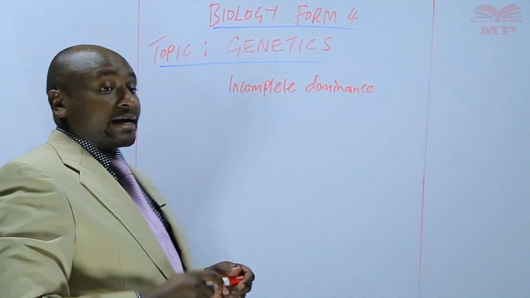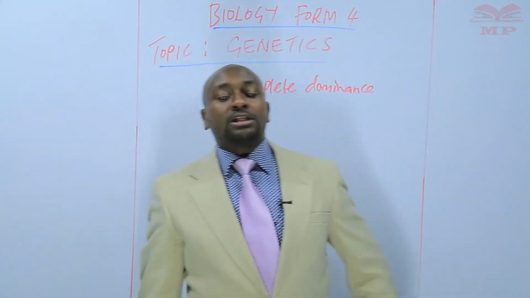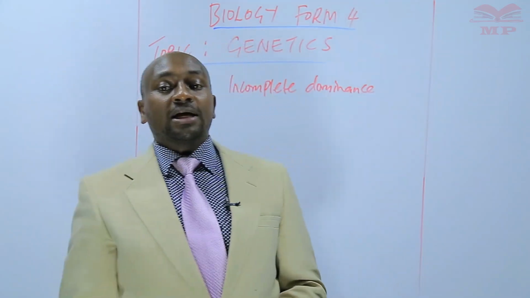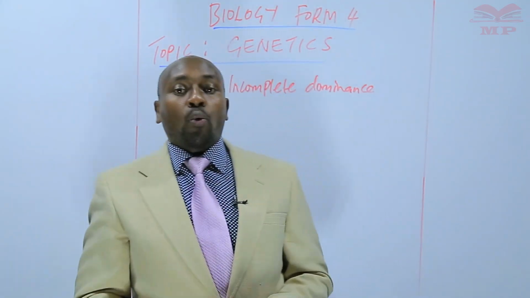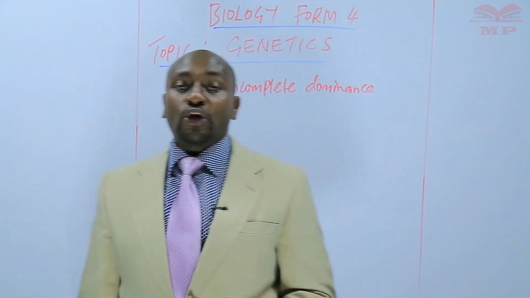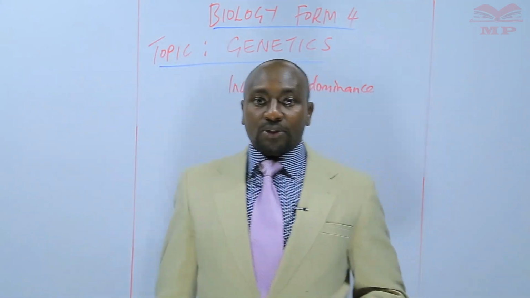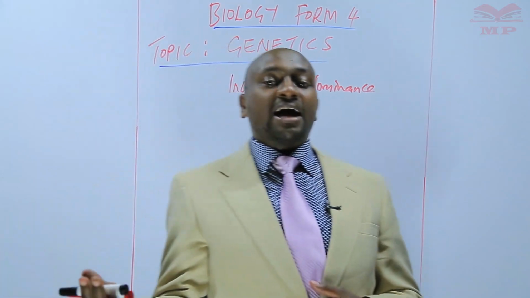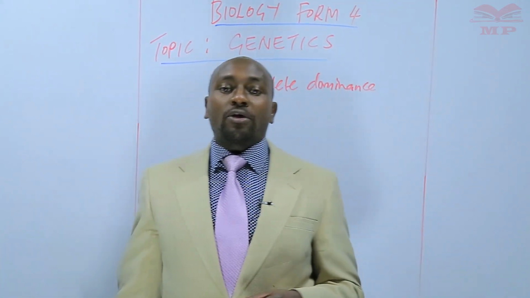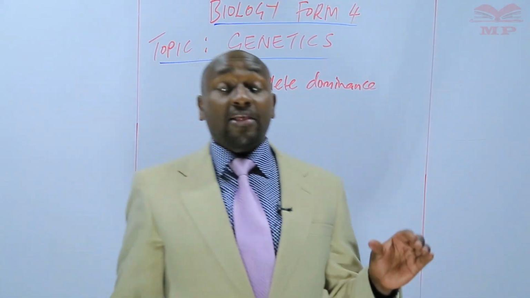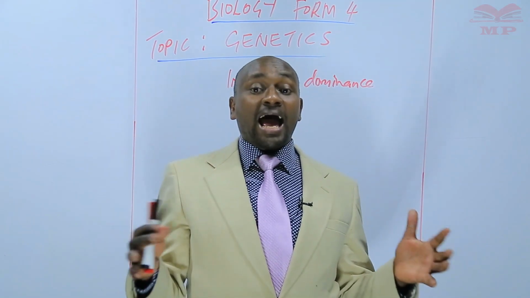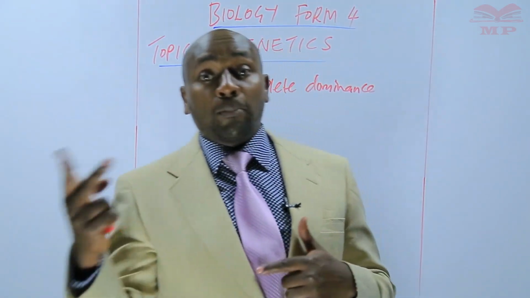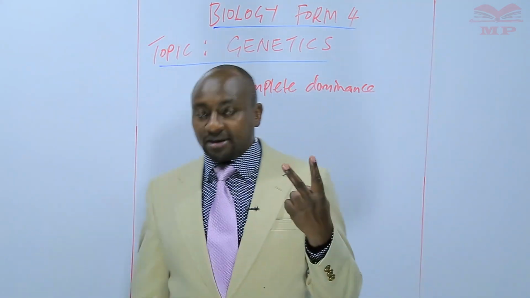Just to recap what we have learned about complete dominance, it is a situation whereby one allele dominates another. So we have a dominant allele and a recessive allele, and the dominant allele expresses itself at the expense of the recessive allele, where both occur together.